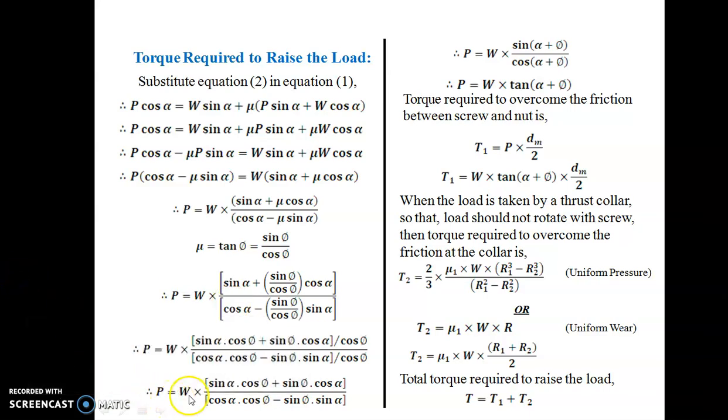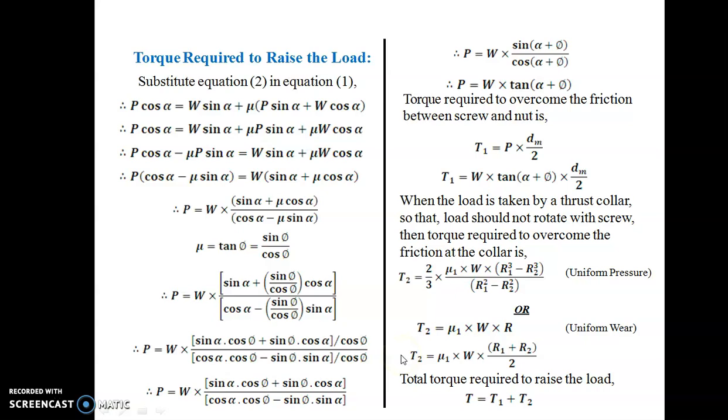So P equal to W into (sin alpha cos phi plus sin phi cos alpha) divided by (cos alpha cos phi minus sin phi sin alpha).